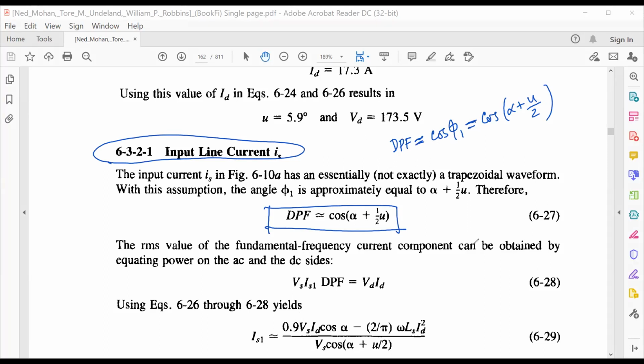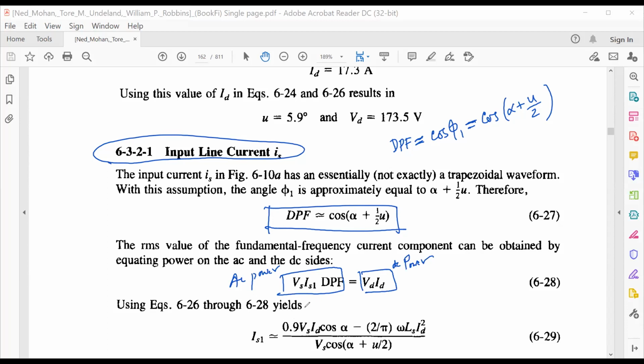Now, if you equate the AC side input power with your DC side power, AC side power must be equal to your DC side power, assuming lossless transmission. If we assume there is no loss in the conversion, the input side AC power must be equal to your DC power.